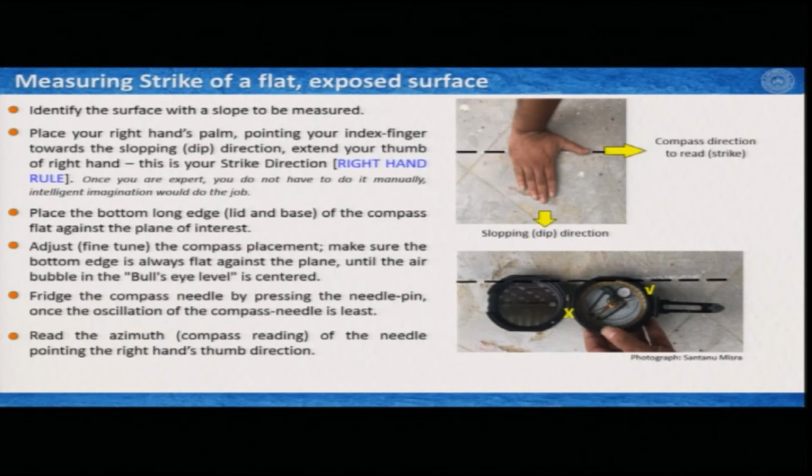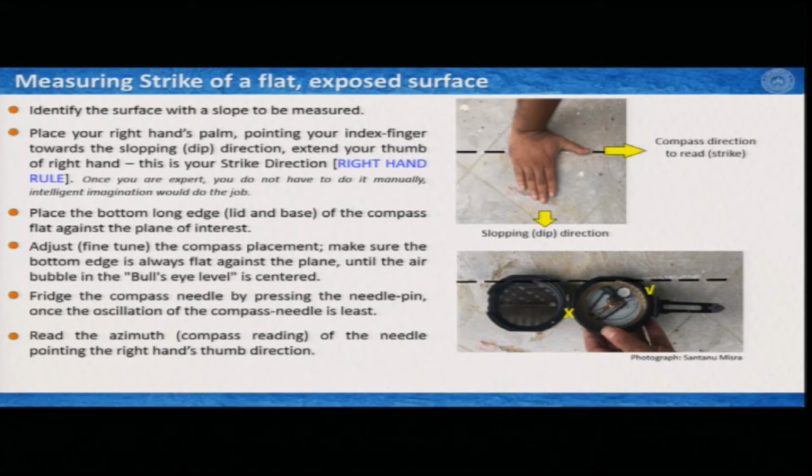So, there are some different ways of measuring dip, strike, trend and plunge in the field, but the principles are always the same. Different schools have different ways of measuring it.